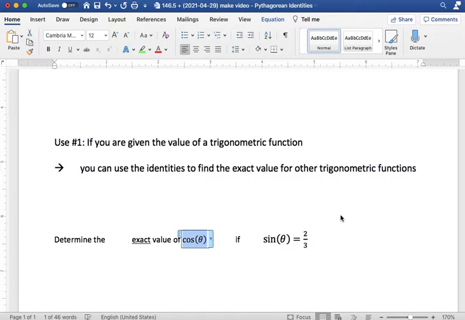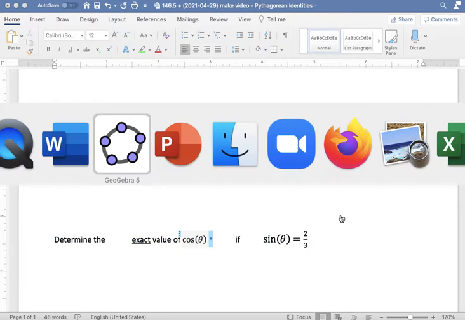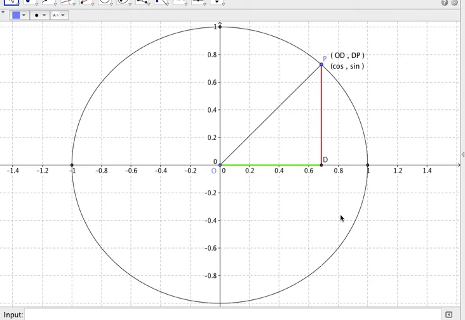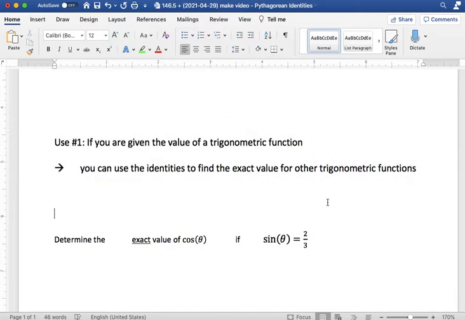So quick reminder, we're working on basically a unit circle here. The trig functions are related to this unit circle. And here, our problem is asking us about sine and cosine.